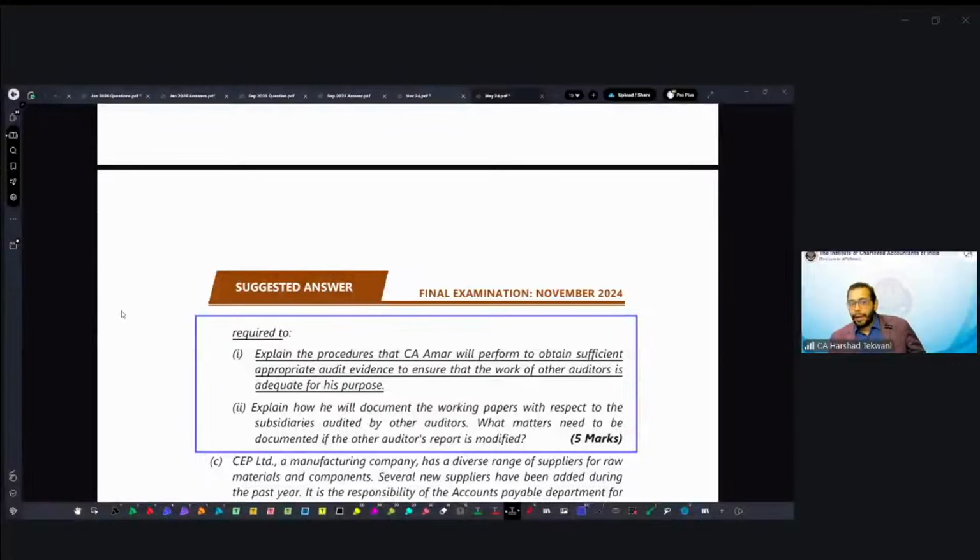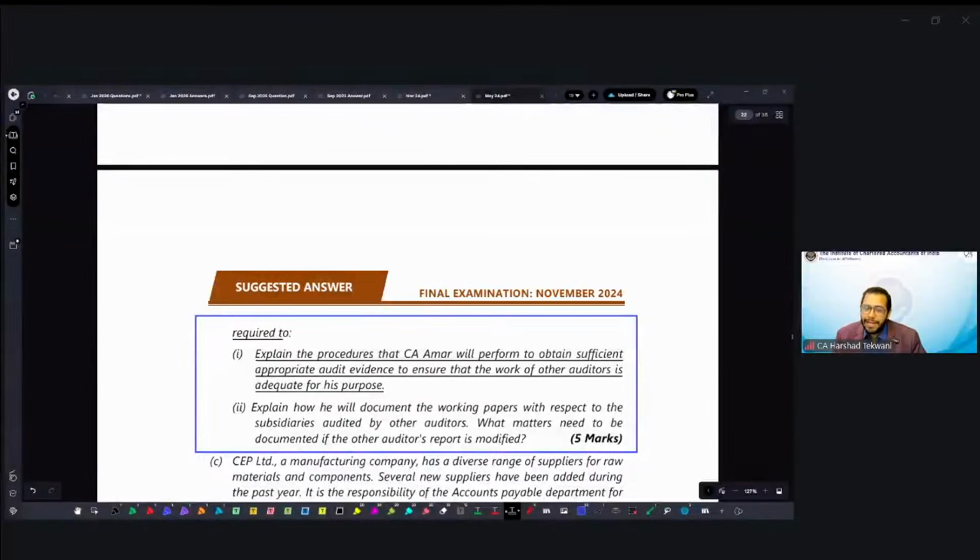Now, what procedure should CA Amar perform to ensure that he has sufficient and appropriate audit evidence that the work performed by other auditors is appropriate for his purpose? We have discussed this multiple times. Trust me, it is pretty easy.